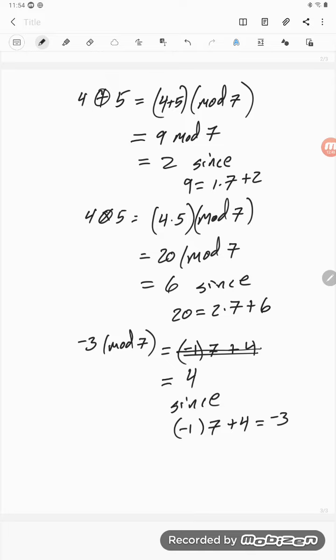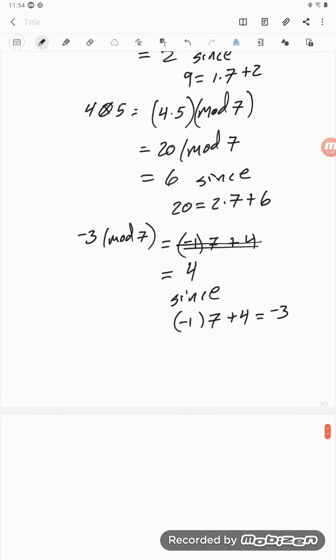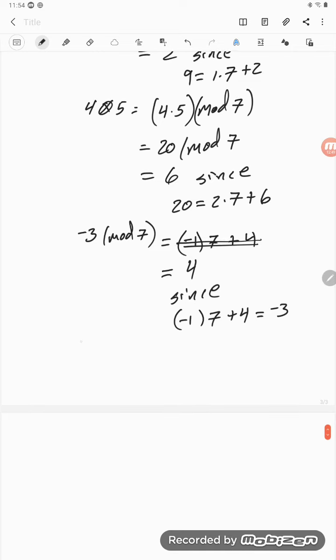And so what does that mean? That means that 3 plus 4 must equal 0, since 4 is the additive inverse of 3. Remember, negative 3 is the additive inverse.